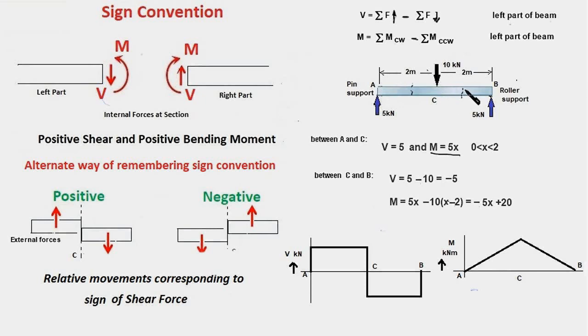So at this point we have 5x minus 10 times (x minus 2), where x minus 2 is the distance here, and this works out to minus 5x plus 20, and for any value of x between C and B, the total value of M would be positive. So we will have positive bending moment. We find that the result is the same as we got in the previous method. This is a simple alternate way of remembering the sign convention, right?